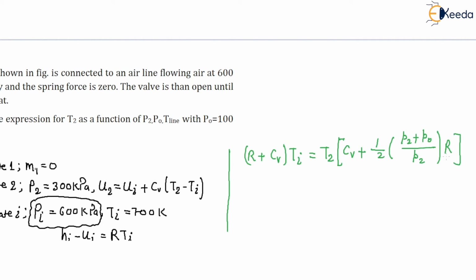So put the value of R of the air, Cv of the air, Ti initial temperature is given, Cv is given, half P0 P2, where P2 is given and P0 is also given atmospheric pressure. So from here you can easily calculate T2, and T2 is 773.7 Kelvin. Okay.